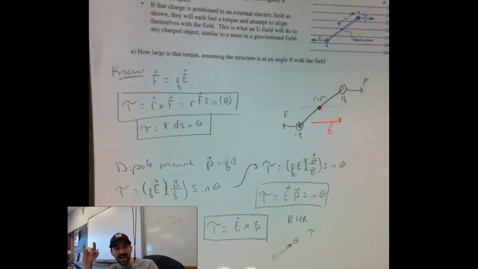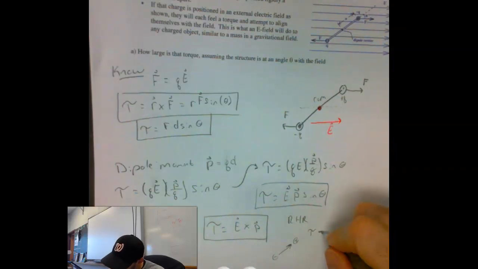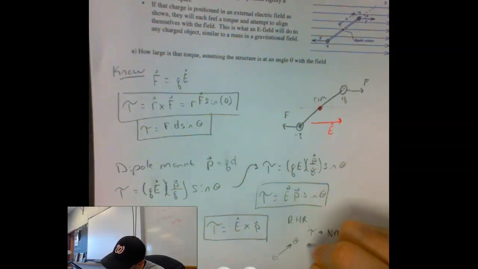So the net torque should be equal to twice the torque on any single object, right? So essentially, due to symmetry, I'm going to say my net torque is equal to 2 times the torque on any single charge.